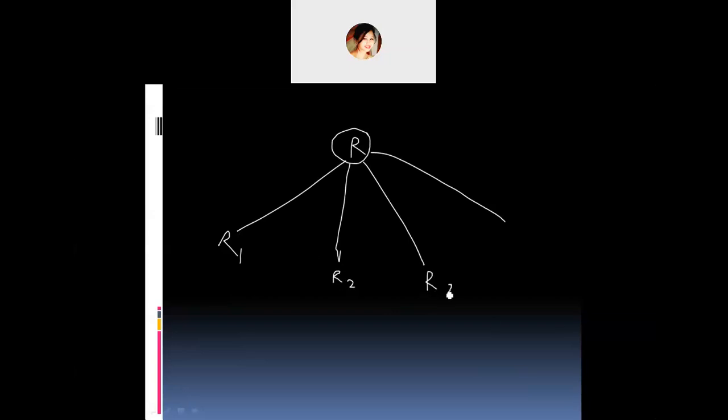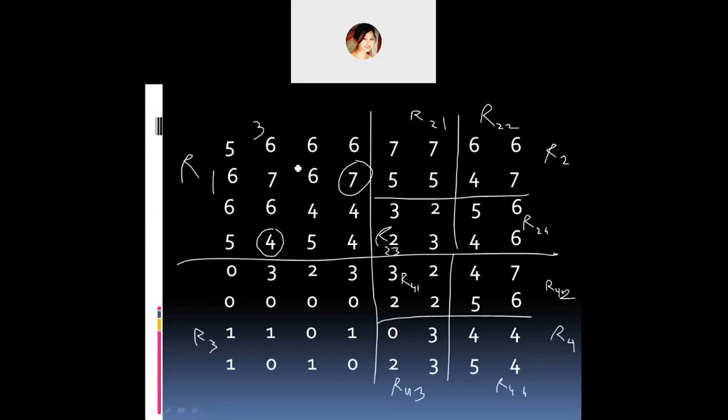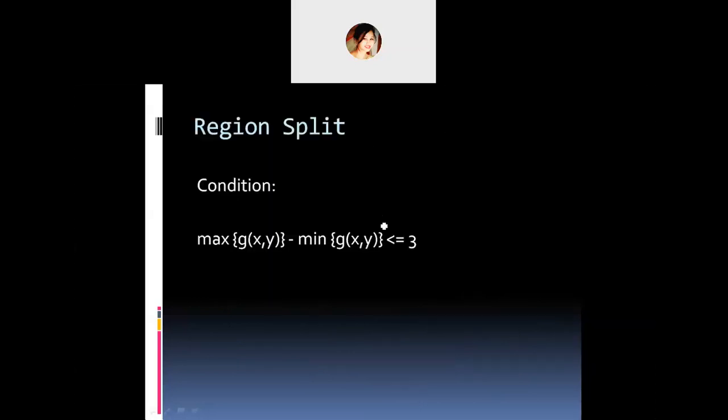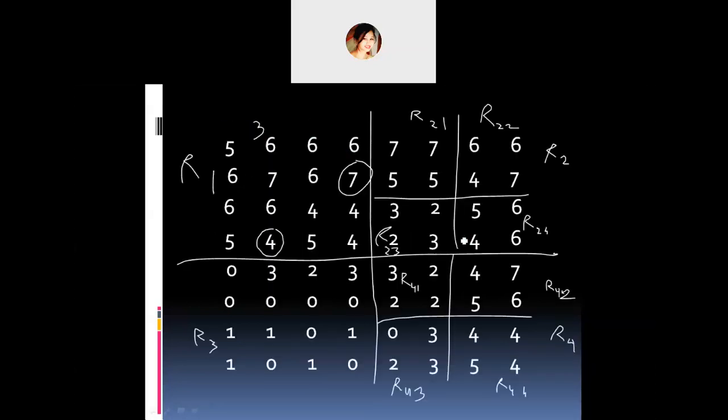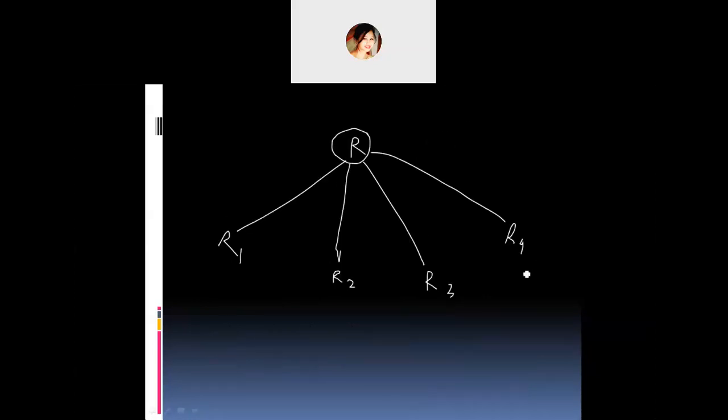Then R1 we keep as it is because it is not split, because it is satisfying the previous condition. Now the second region, because it wasn't satisfying the condition at first, we split R2 into subregions and named them R21, R22, R23, and R24.